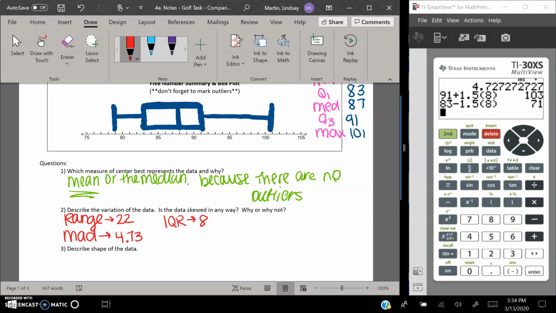This all speaks to how the data is spread out. There's 22 points from lowest to highest within our data set. The average distance from our mean to our points is only 4.73 units away, and the middle 50% of our data, which is the IQR, is only spread out by 8. When we're speaking of this graph, we can also say that the shape of this graph is skewed to the right.